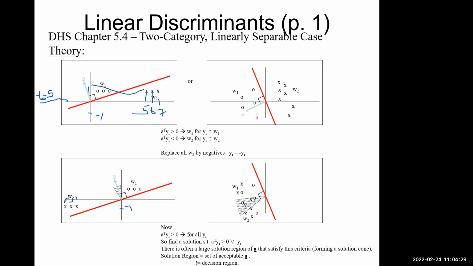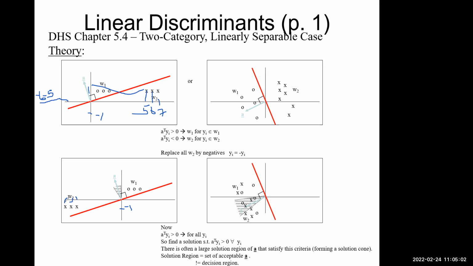So by negating one of them, we have one test. We don't need to have 2 tests. Is X greater than 0, is Y less than 0. We have one test. Is whatever I feed in greater than 0? A lot simpler. We don't need to keep track. As long as we know it was a Y, negate it.